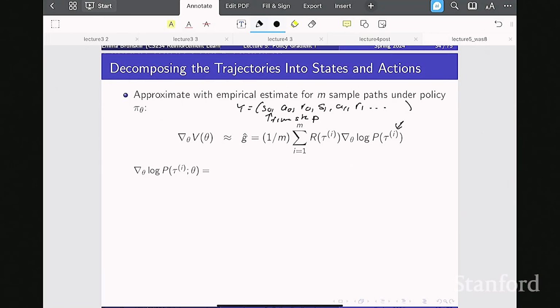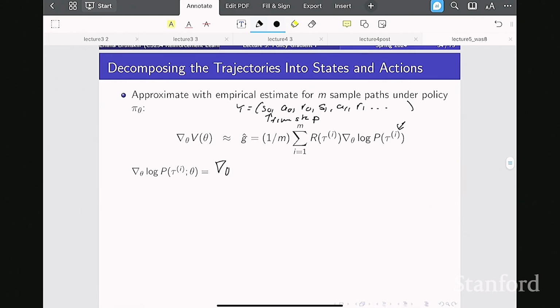Now let's express what the probability of a trajectory is. We can write it out as follows, and we're still going to have that outside log. I'm going to say mu of s0 is equal to the probability of s0, that is, our probability distribution over our starting state.